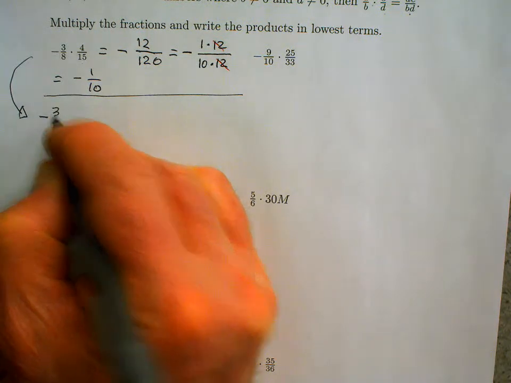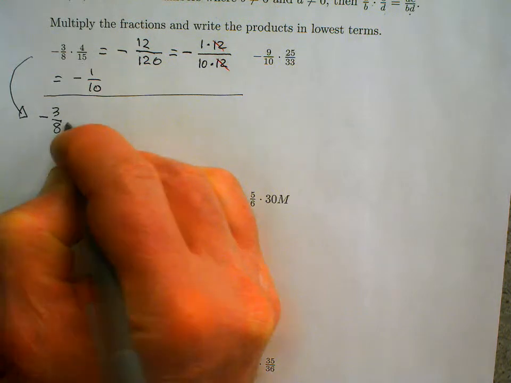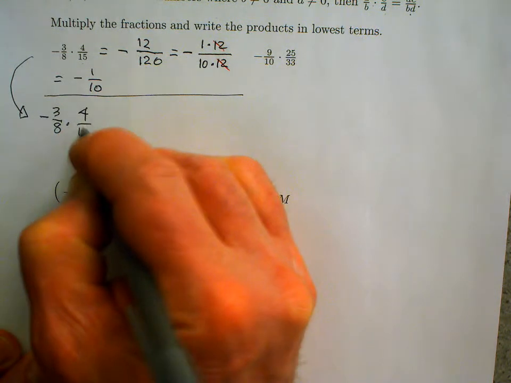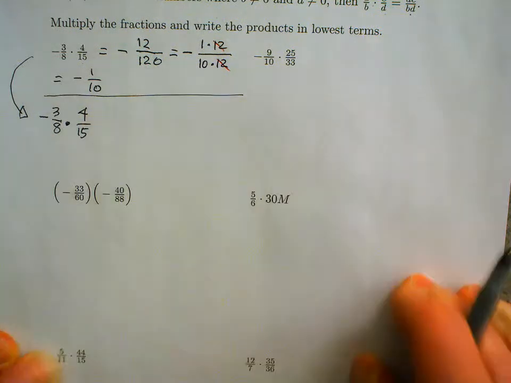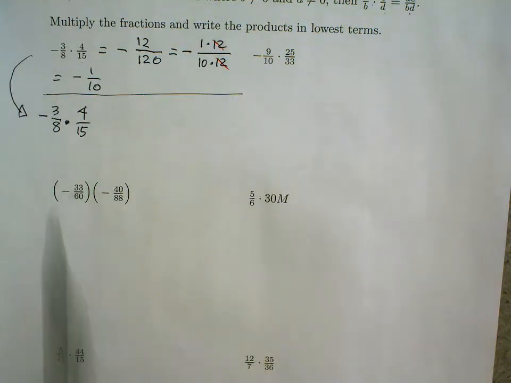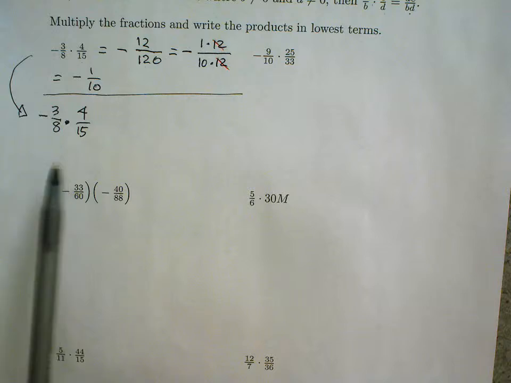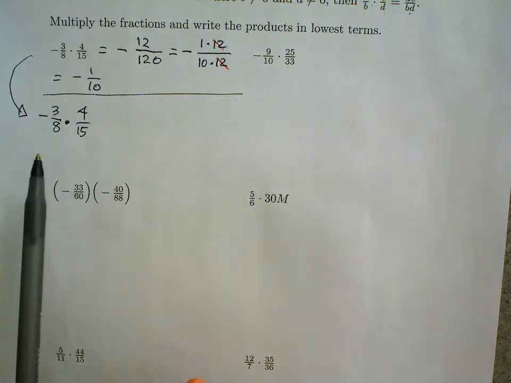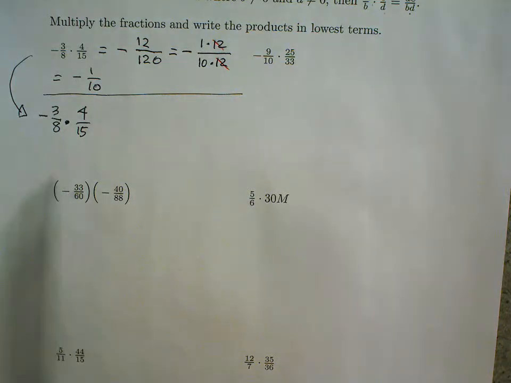So I'll just rewrite this again, -3/8 times 4/15. Before doing any multiplying, look for common factors in the numerator and denominator that cancel each other out.